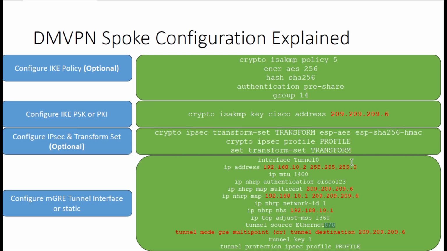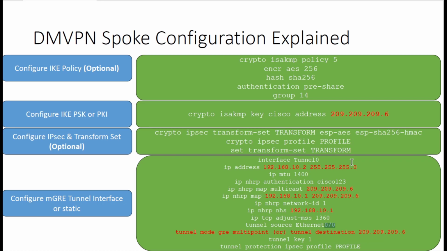And I won't scroll down there because it's just going to put on that pop-up icon thing. But we can see here that where we have the last highlighted in red there, we can see tunnel mode GRE multipoint or tunnel destination.